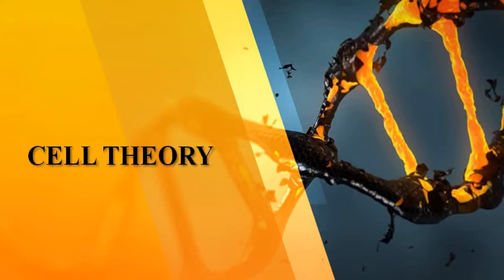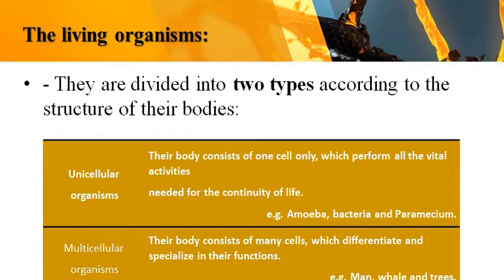From here, living organisms are divided into two types according to their bodies, according to their cells. So we have unicellular living organisms, which means they consist of only one cell, and this one cell does all the vital processes or vital activities needed for the continuity of life.